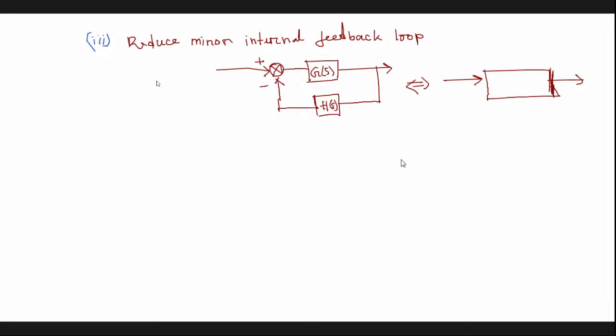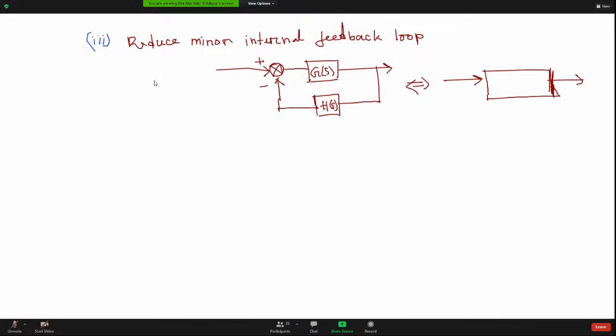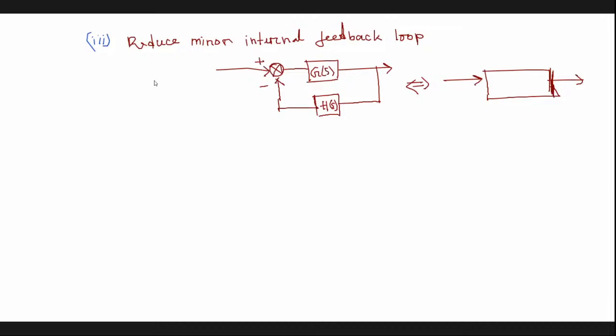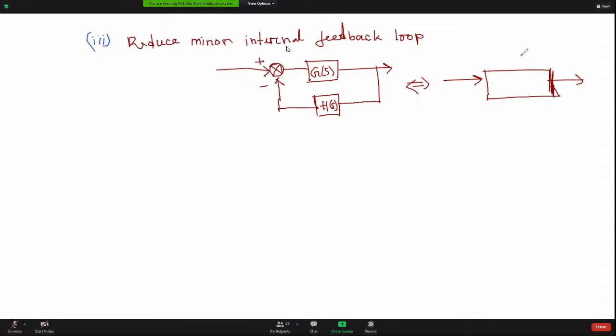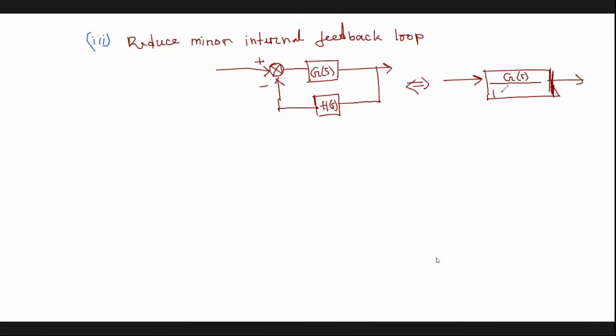Sir, G by 1 plus G into H. Yeah, so it should be GS by 1 plus GS into ACES, right?